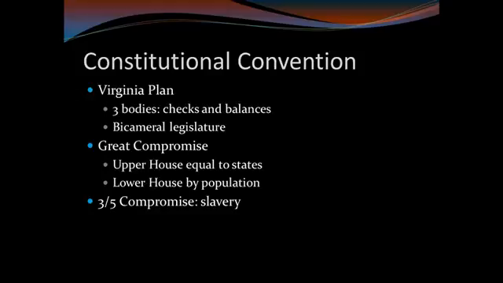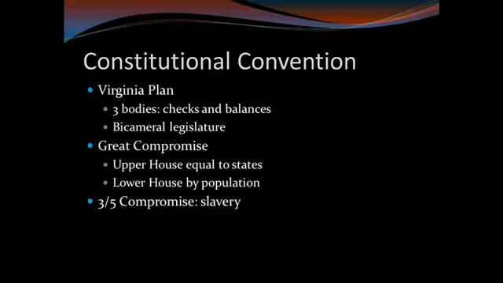So that's what's at issue. How many representatives would the southern states have in the House of Representatives? And so the Southerners wanted their slaves counted as one, and many of the Northerners wanted slaves not counted at all in the population. So they compromised, and they call it the 3/5 compromise.